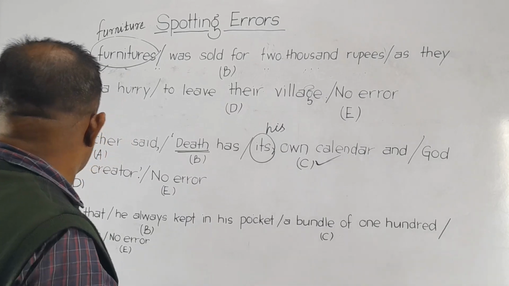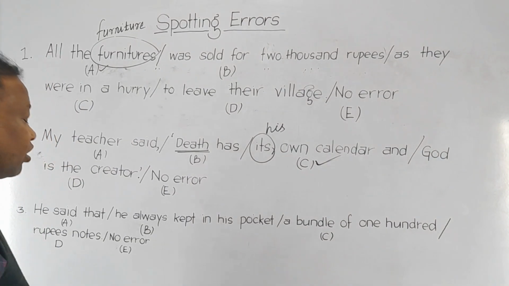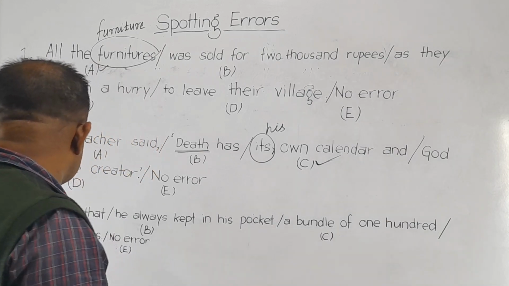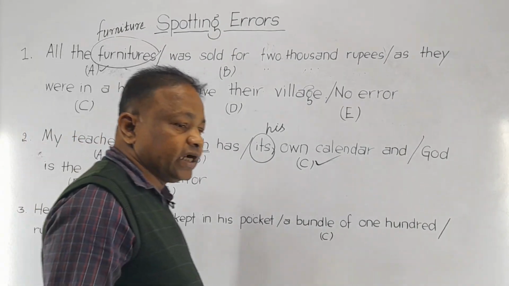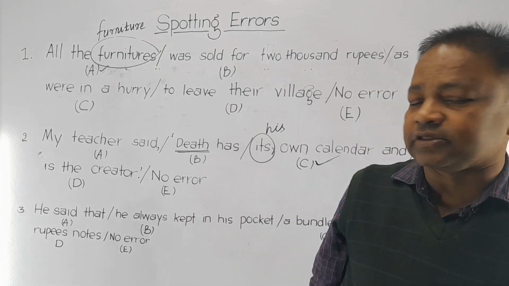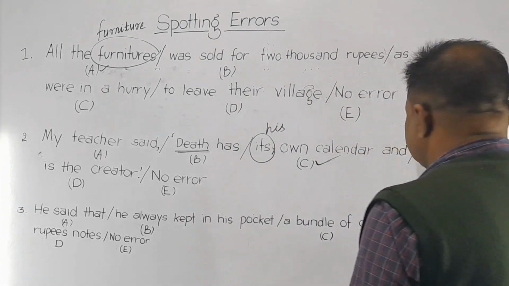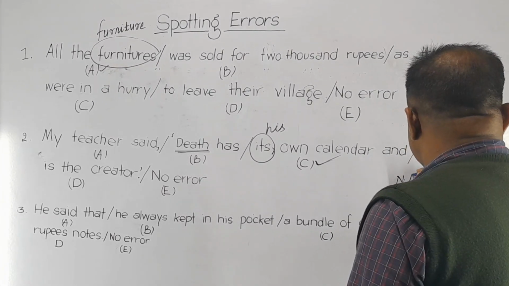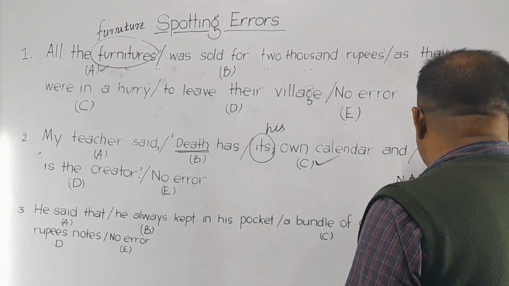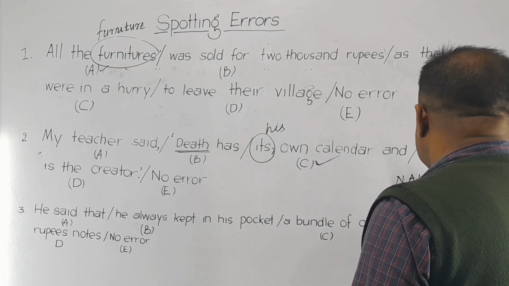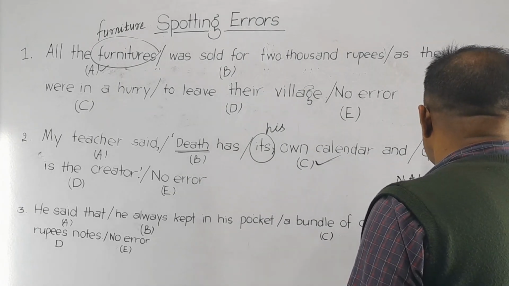Question number 3. He said that he always kept in his pocket a bundle of 100 rupees note. It also has 5 parts. Listen, in noun number, I taught a rule. The rule is numeral adjective plus hyphen plus singular noun, or numeral adjective plus singular noun.